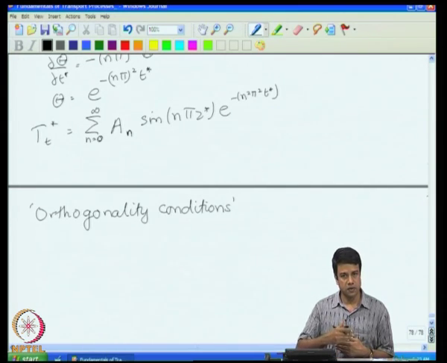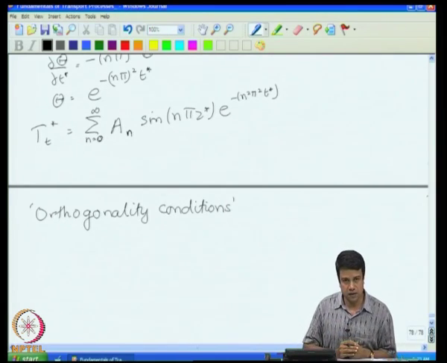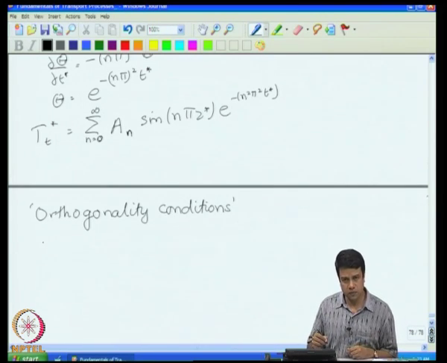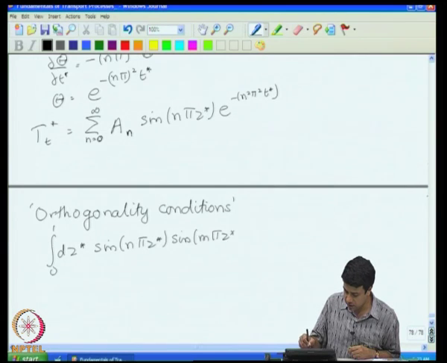Z star is equal to 0 to Z star is equal to 1 was the domain of interest. And these orthogonality conditions are defined on that domain. These are easy to do by simple integration. If I take integral 0 to 1 dz star sine of n pi z star sine of m pi z star.